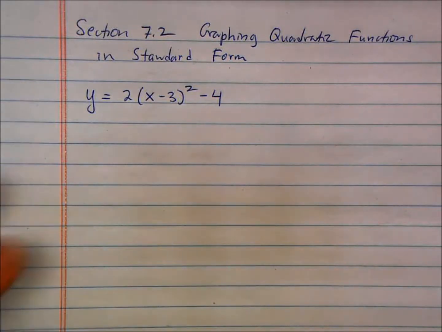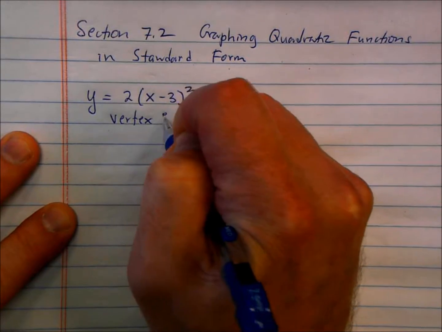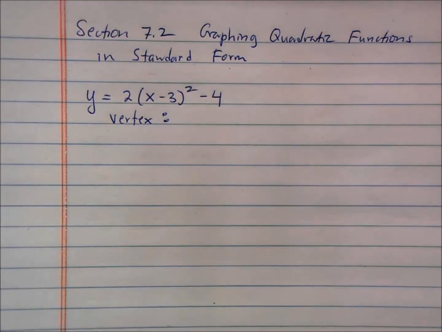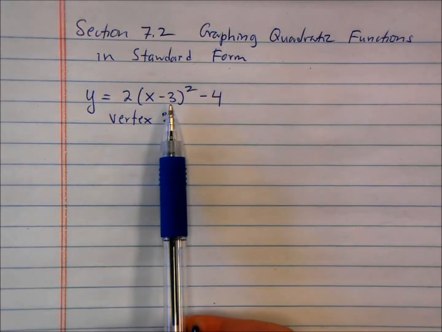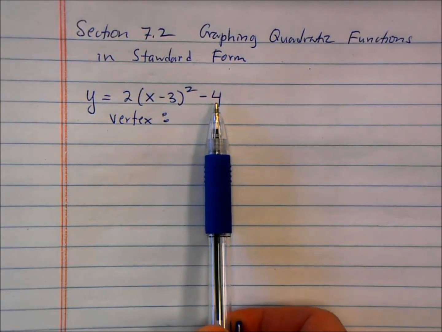The most important point on a parabola was the vertex. And what we learned back in section 7.1 is that we should be able to look at that equation and without doing really any work at all, we should know what the vertex is. So where's the vertex of that function? It has something to do with this number, which we called h, and that number, which we called k.